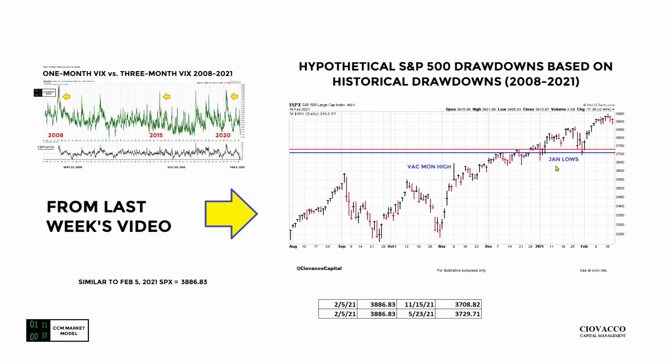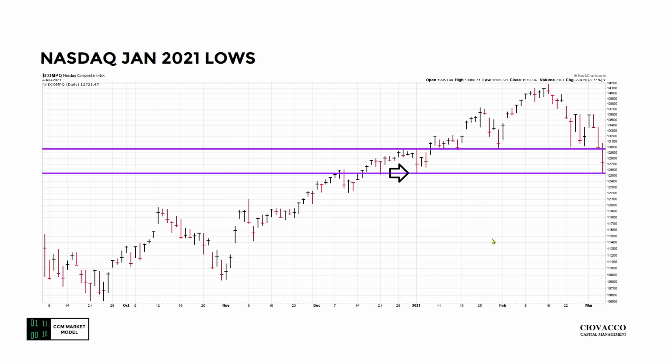Last week, we noted that the January lows were relatively important as a reference point. During Thursday's session, the NASDAQ came down and basically revisited the January low. This is as of Thursday's close. We'll learn something if price moves into this area here and stays in this area here, and we'll learn something if we bounce and move in this direction.